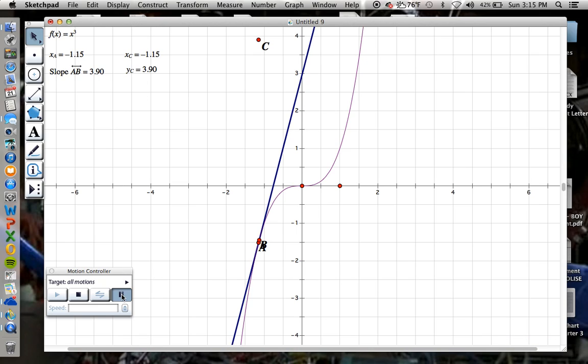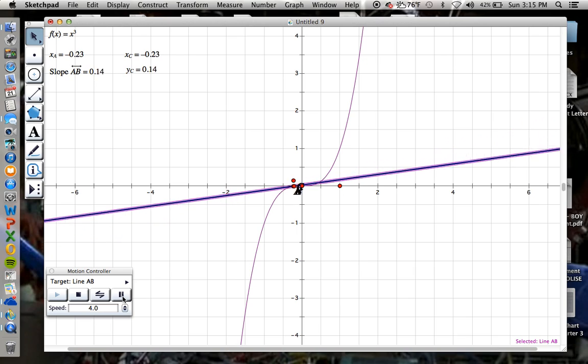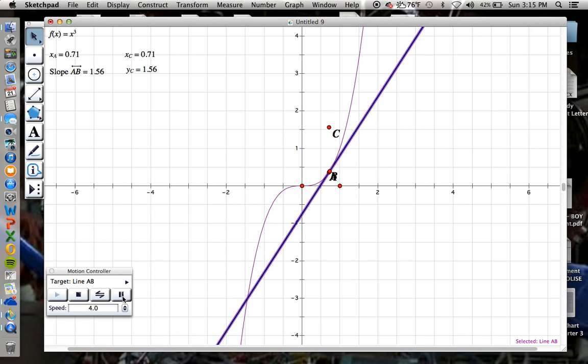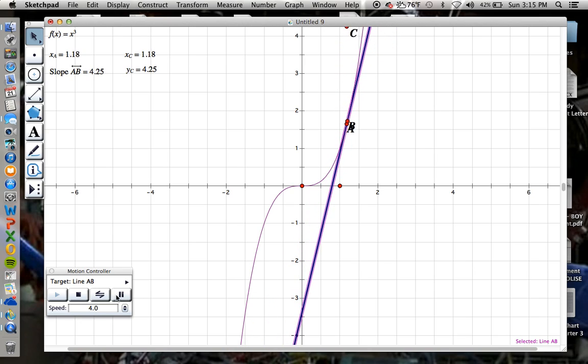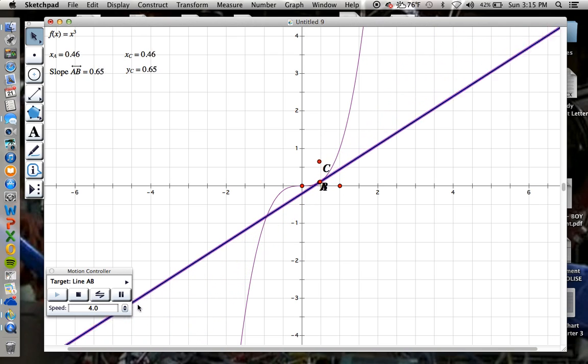Now as I move point A, or move the tangent line, point C changes. Point C moves down and then moves up as the slope of the tangent line moves along the function.